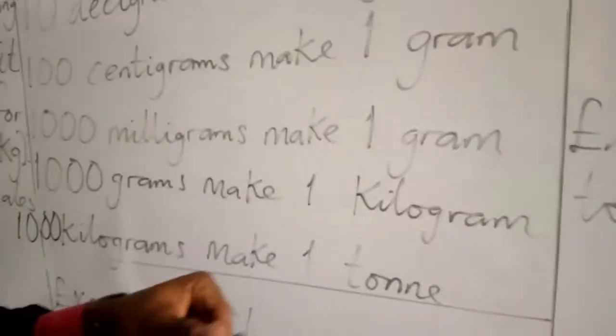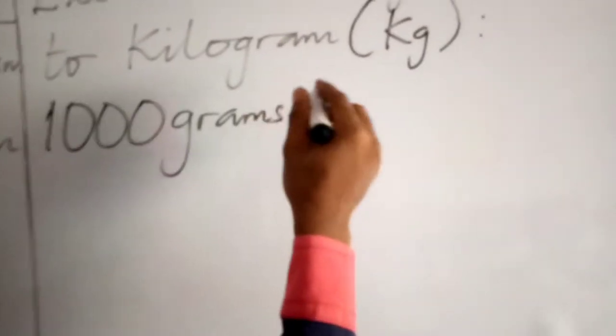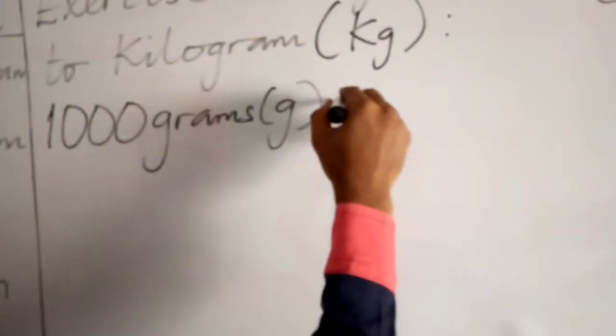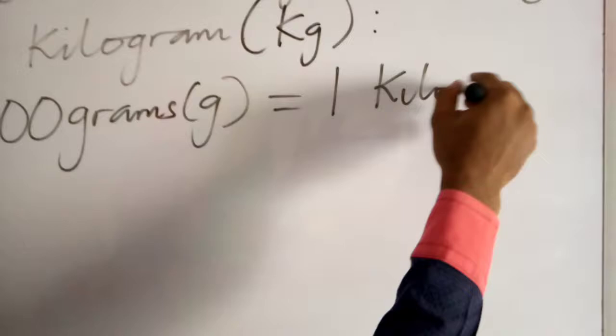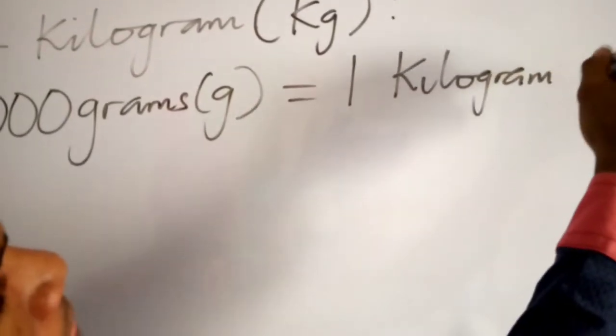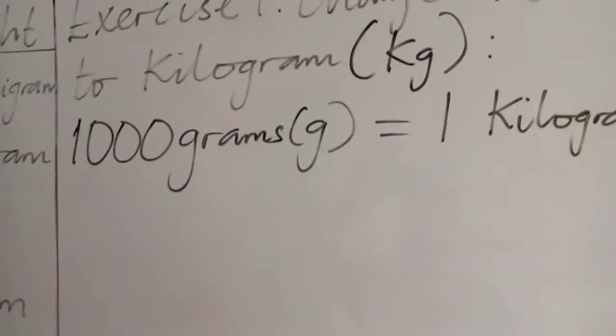So we are having 1000 grams make 1 kilogram. We write it out first: 1000 grams, which is g, is equal to 1 kilogram, which is kg.